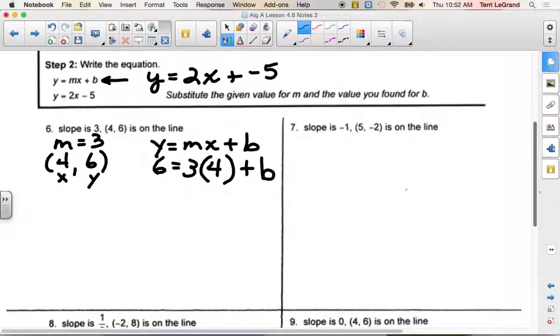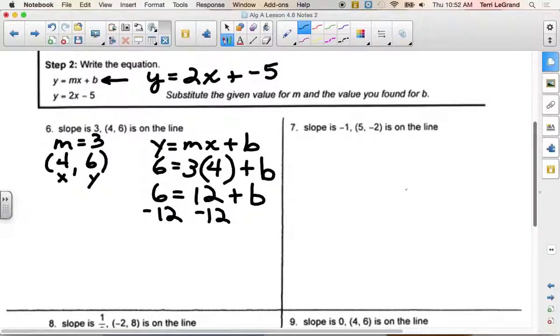Okay, what are we going to do in the next step? What do you think we should do? We're going to do that multiplying. So 6 is going to come down, the equal sign is going to come down. 3 times 4 is? 12. And now we need to get b alone. What's our move? Subtract 12 from both sides.